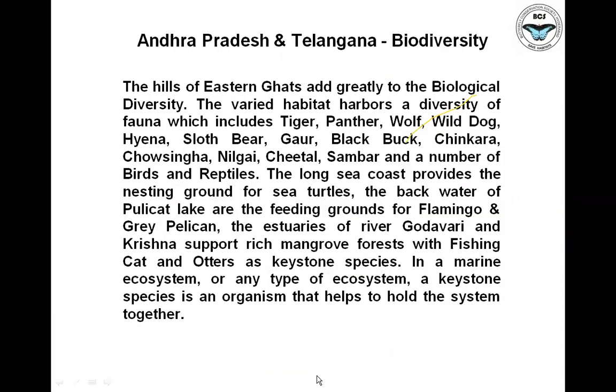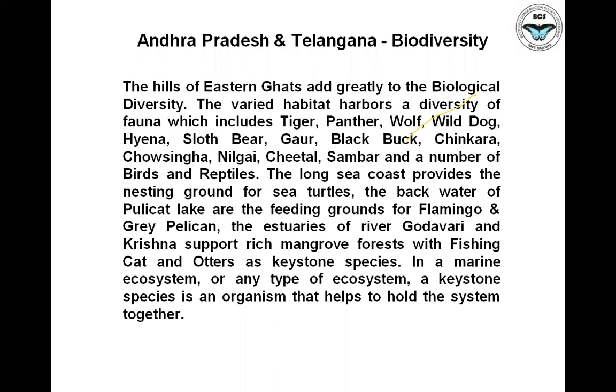So coming to the Andhra Pradesh and Telangana biodiversity, the hills of Eastern Ghats add greatly to the biological diversity. The varied habitat harbors a diversity of fauna, including tiger, panther, wolf, wild dog, hyena, sloth bear, goat, blackbuck, chinkara, chausingha, nilgai, cheetal, sambar, and a number of birds and reptiles.